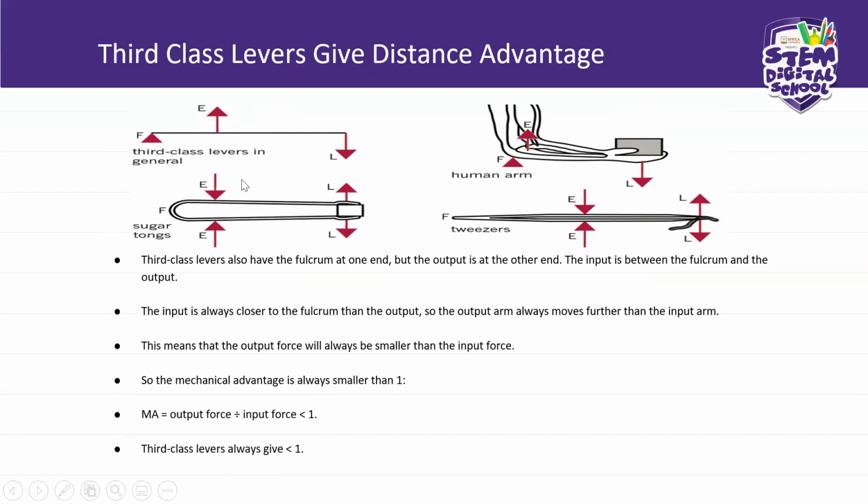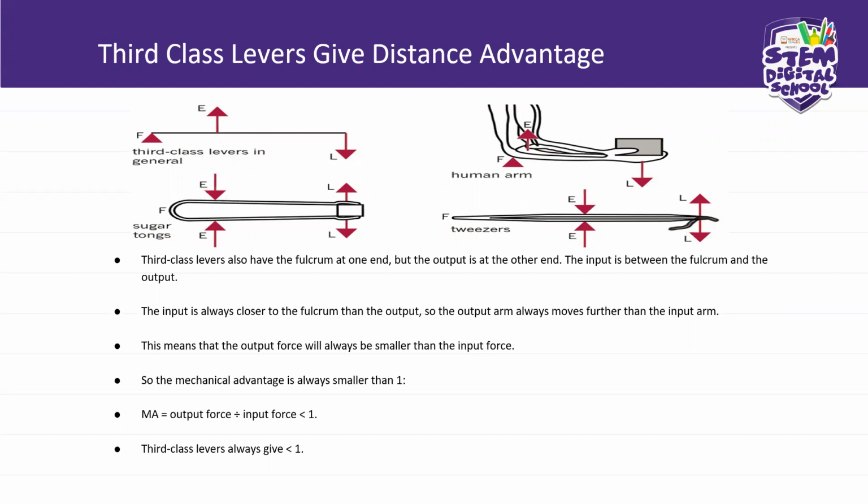The load, this side should be the output. So the output arm is long. So because the output arm is long, that gives us distance advantage. You check the fulcrum, there's the fulcrum, there's the effort. So this is the output. So the output arm is very long.